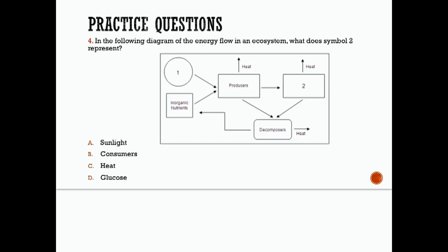Energy enters an ecosystem in the form of sunlight, which is captured by the producers, like plants. And energy stored by the producers is then transferred to the consumers. We've got primary consumers, secondary consumers, tertiary consumers, and some of that energy is lost as heat. So number 4 would be B, consumers.